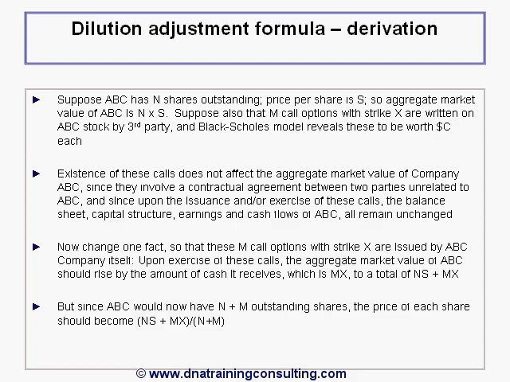But since ABC would now have N plus M outstanding shares, the price of each share should become (NS plus MX) divided by the sum N plus M.